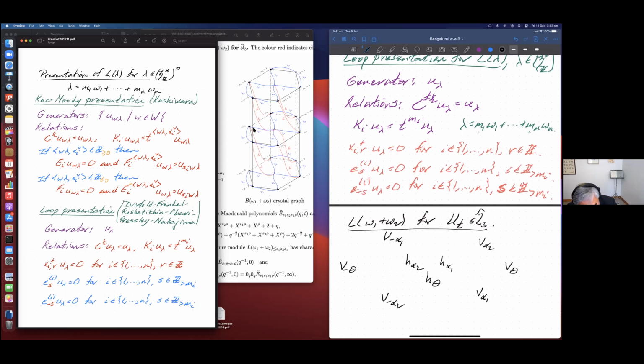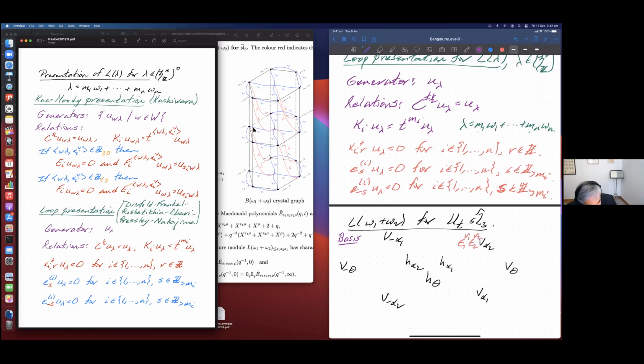Okay, but that's not quite the whole story, because what I'm writing down here is a basis. I'm creating a basis for this module, a basis over the complex numbers.